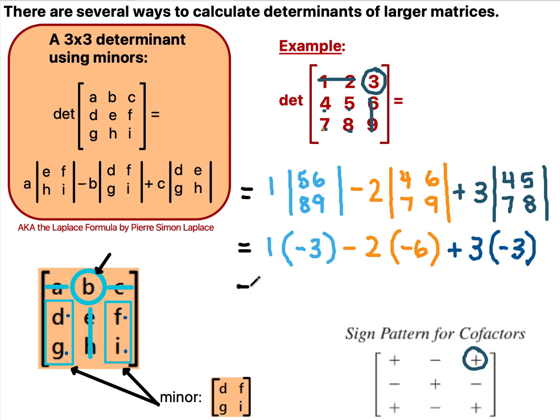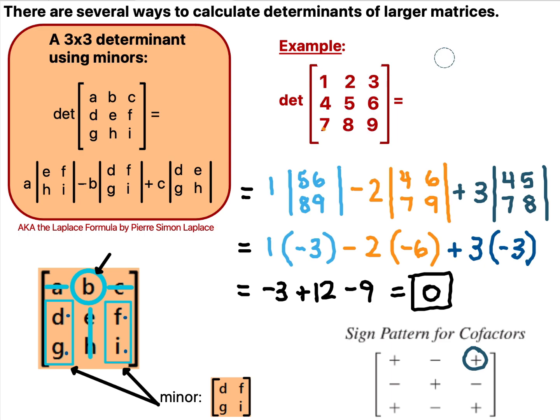Let's see what we got all together. A -3 plus a 12 minus a 9, a determinant of 0 again. I wonder if this is a special matrix for some reason. So that's just one way of finding the determinant of a 3 by 3 matrix.